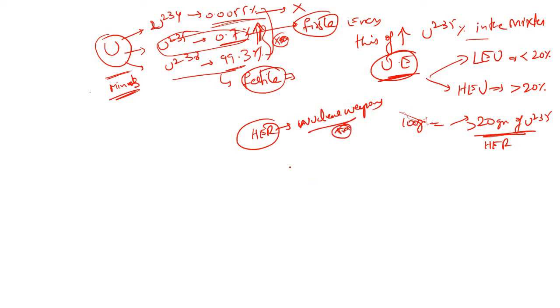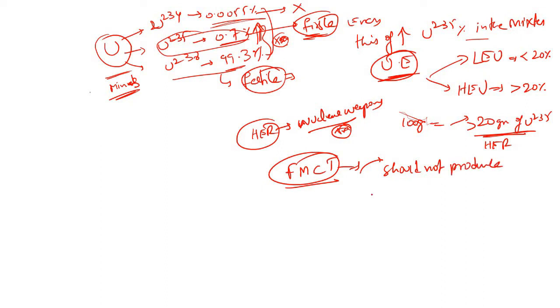So there is a treaty, the fissile material cutoff treaty. Okay, fissile material. So according to it, countries should not produce high enriched uranium and plutonium, because these two are used in making nuclear weapons or nuclear bombs.